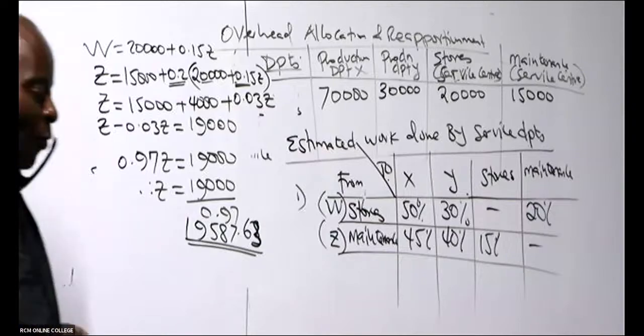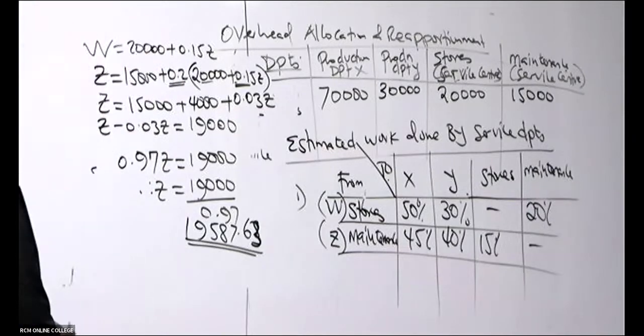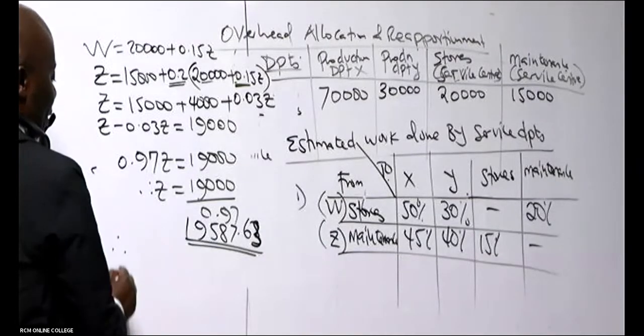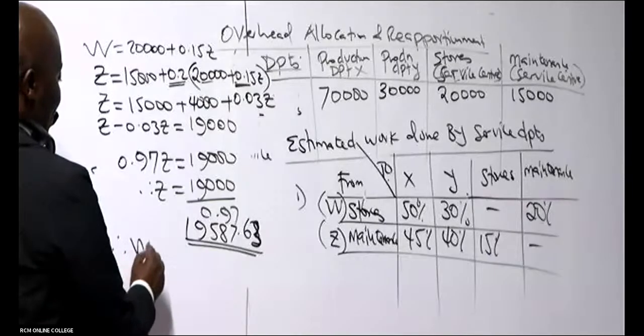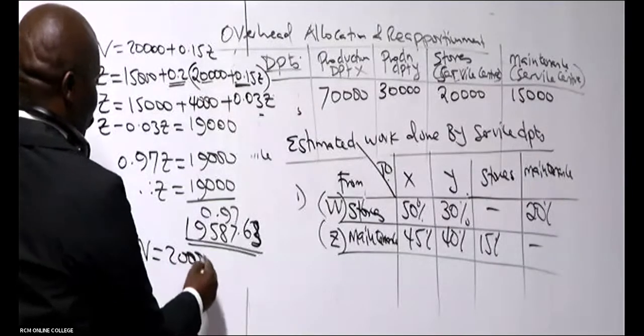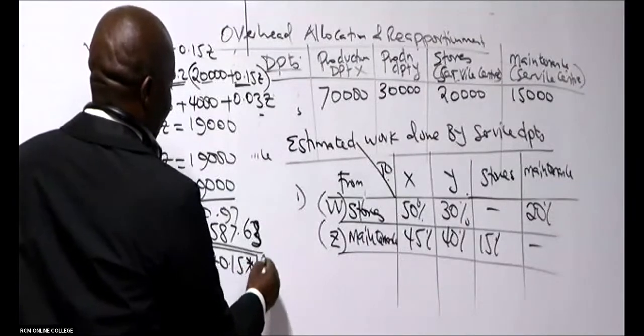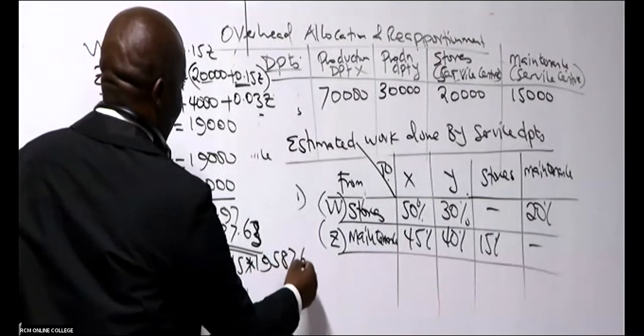Yeah, we can get W by substituting, isn't it? Therefore, always in mathematics, you want to scare the examiner to think that you're very bright using therefore. So therefore, W will be 20,000 plus 0.15 Z. And our Z is 19,587.63.